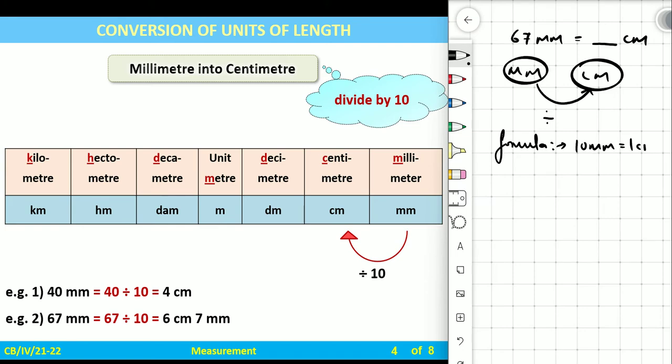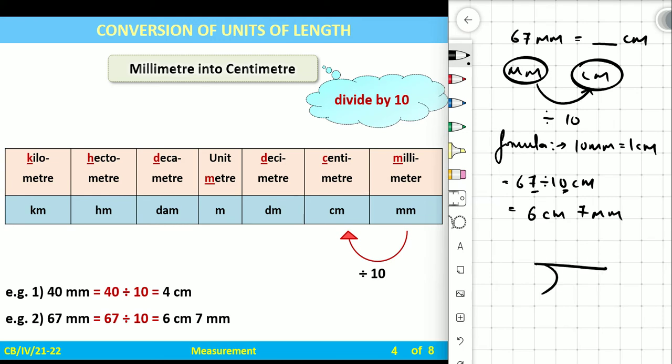So according to the formula we must divide by 10. Let us check. 67 divided by 10 will give centimeter. See, simple division. Remove this number, it will be 6 centimeter, and the number 7 will be millimeter. It's so easy.